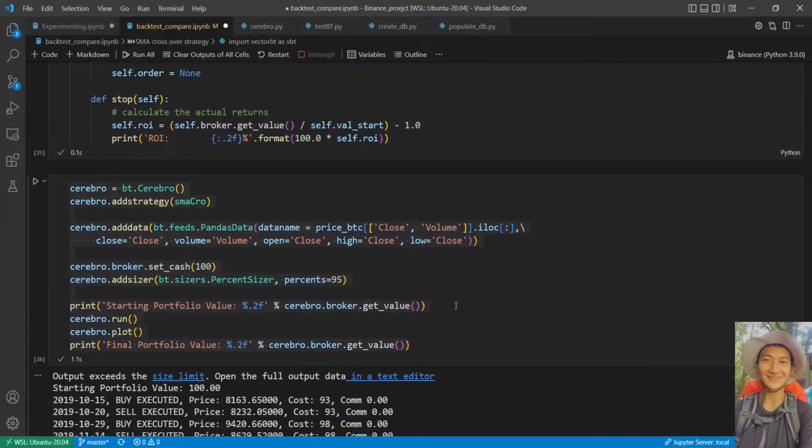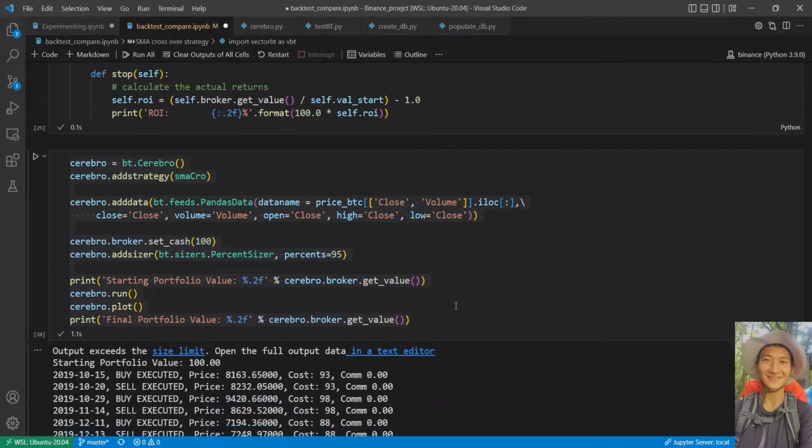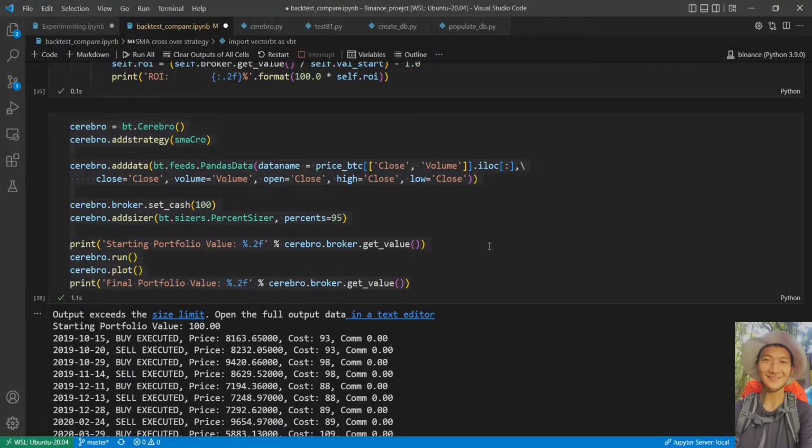After that, we do the same thing to execute all the trading. In order to prevent the cancellation, I have to adjust the percentage to 95%.